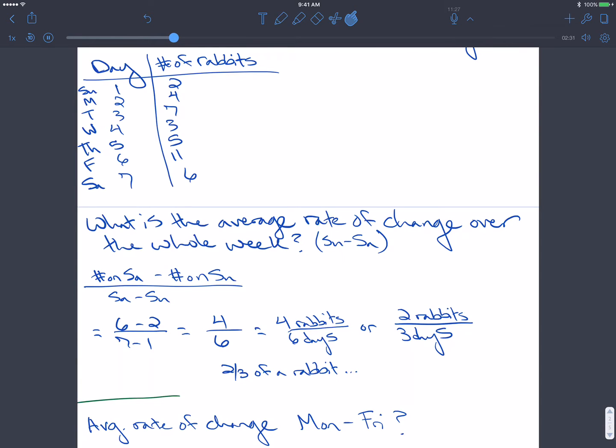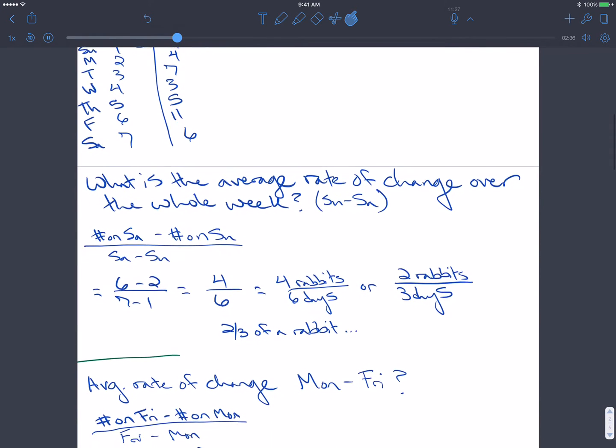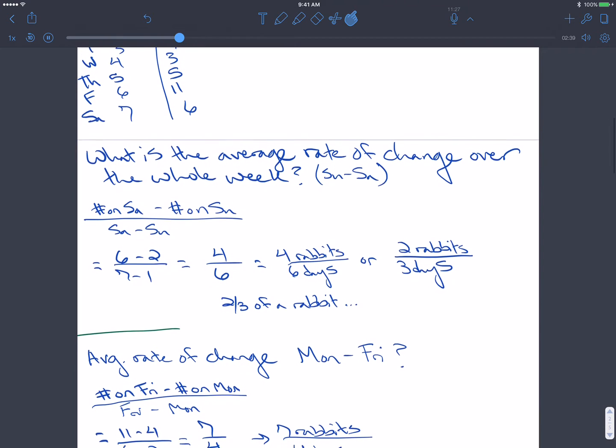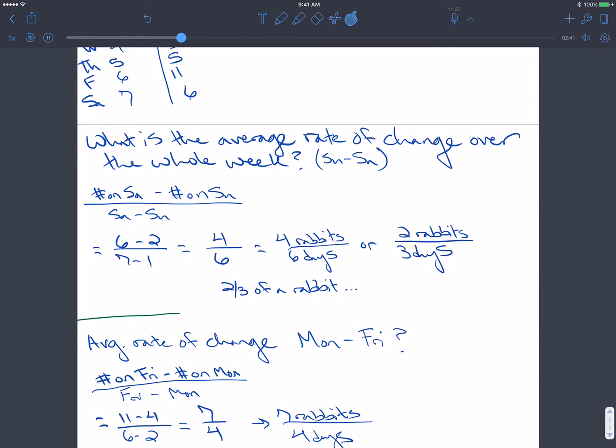Now, what about the average rate of change from Monday through Friday? Just to solidify that concept, how many do we have on Friday? Friday we have 11. How many do we have on Monday? Monday we had 4. So 11 minus 4 over the difference between Friday and Monday. And Friday was 6, Monday was 2, so we have 11 minus 4 over 6 minus 2, getting us 7 over 4.